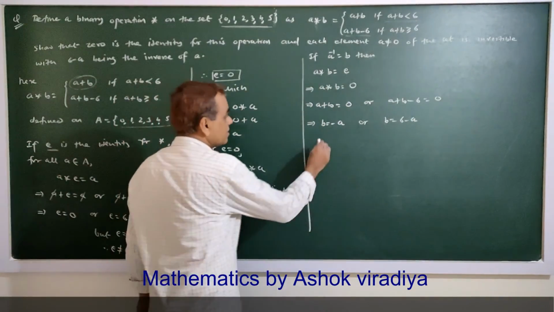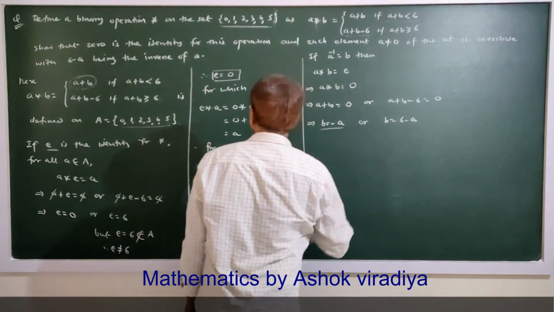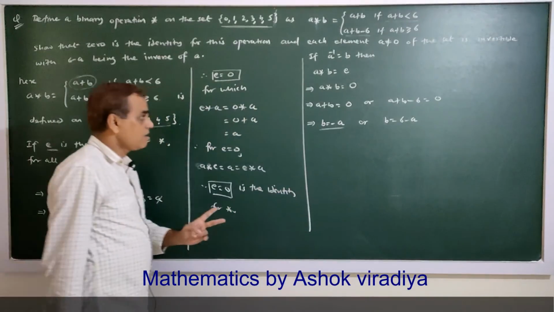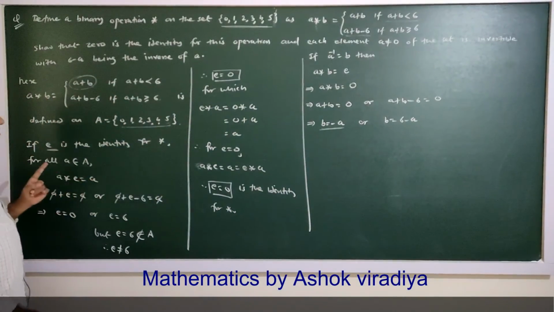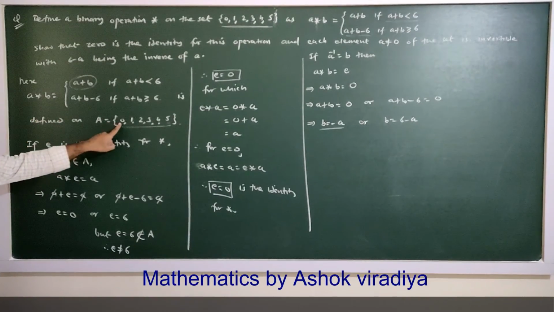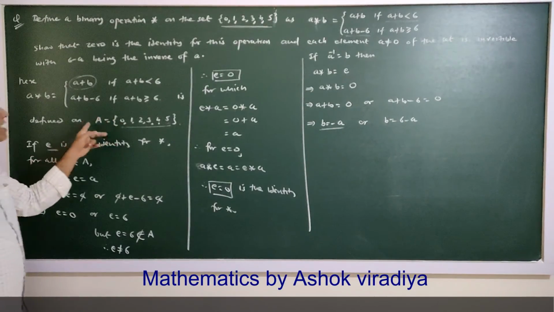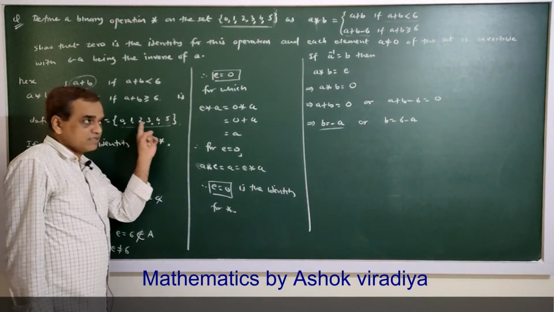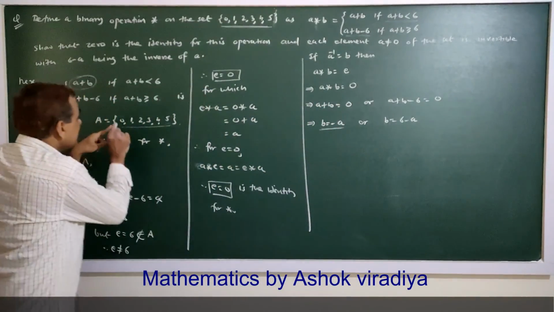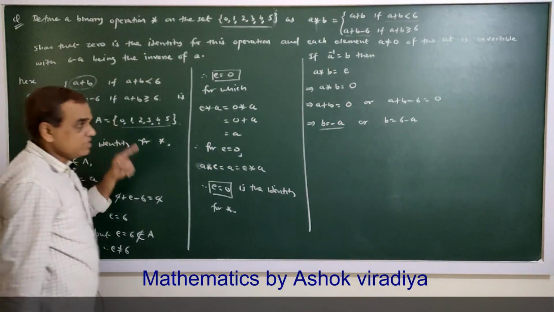So here B equal to minus A is possible only if A is 0 and B is 0. If A and B both are 0, then this is possible, because A and B are taken from this set, and the sum of A and B being 0 is possible only if A is 0 and B is 0.